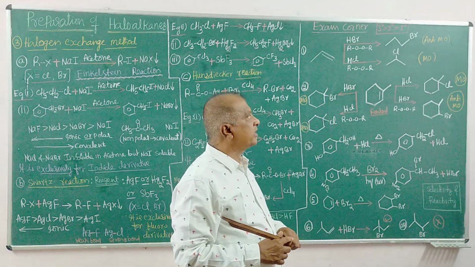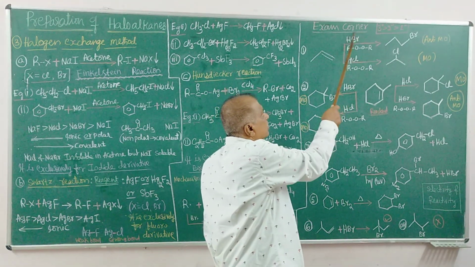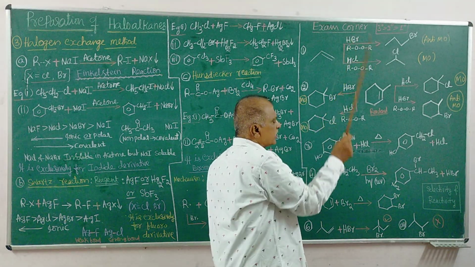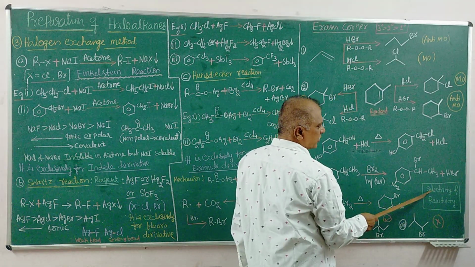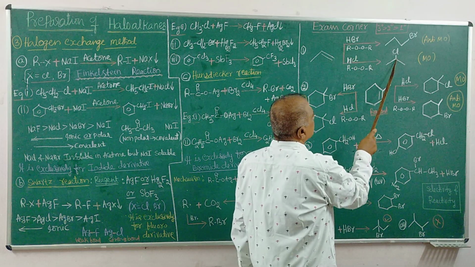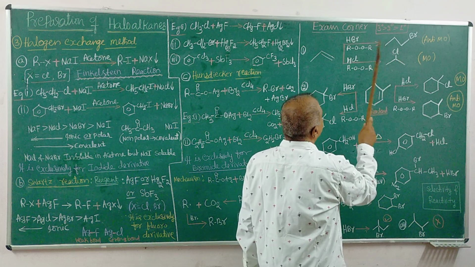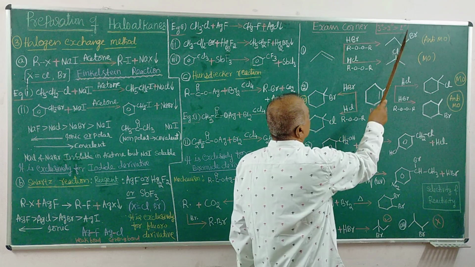Reactivity means if the reagent is more reactive, it will prefer reactivity over selectivity. It will not select the more stable carbon, that is, the secondary carbon, over the primary carbon.